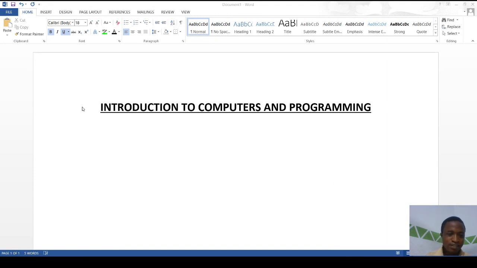Okay, this is our second lesson of the software development training program, and as we started, introduction to computer and its programming, we learned about what computer means, the components of computer, where we mention hardware, software, and then humanware.